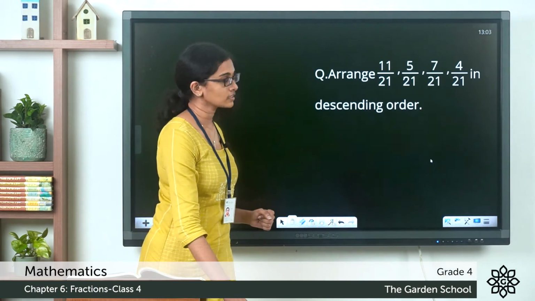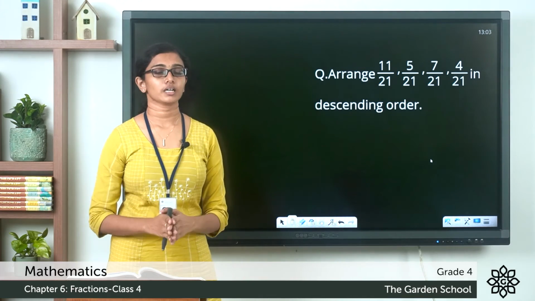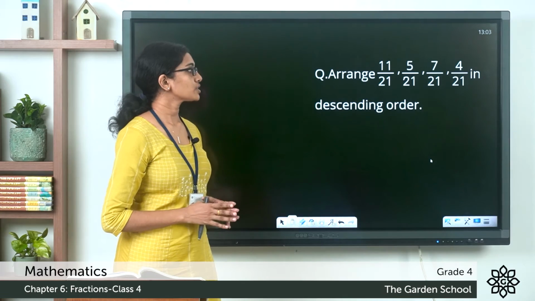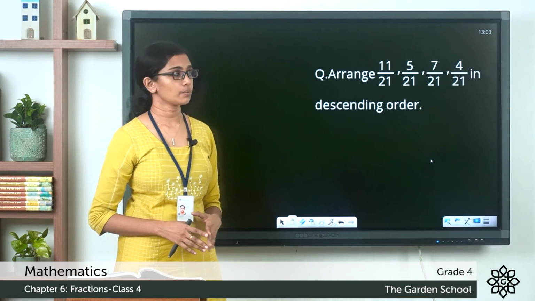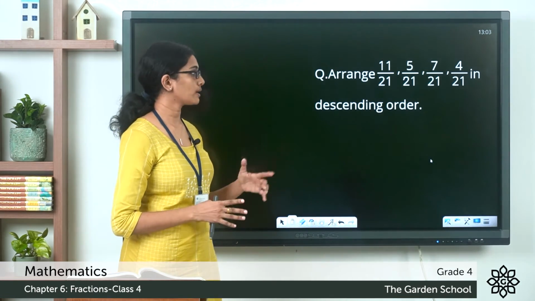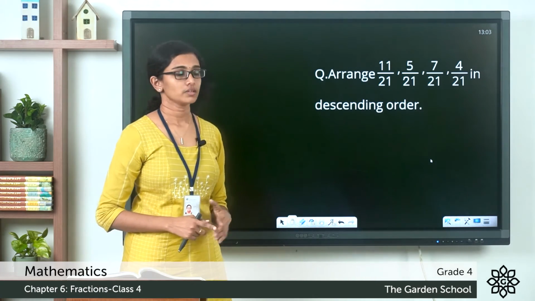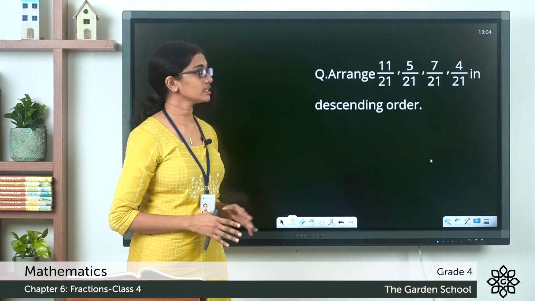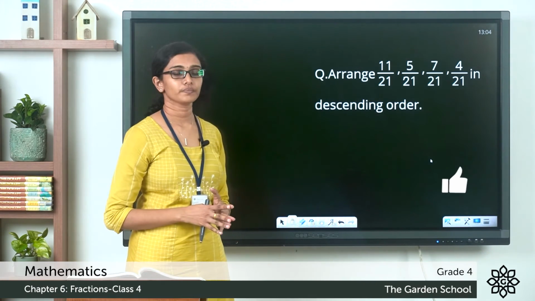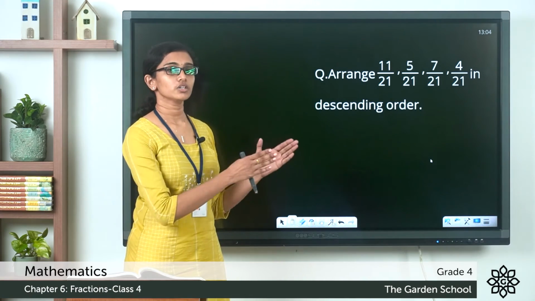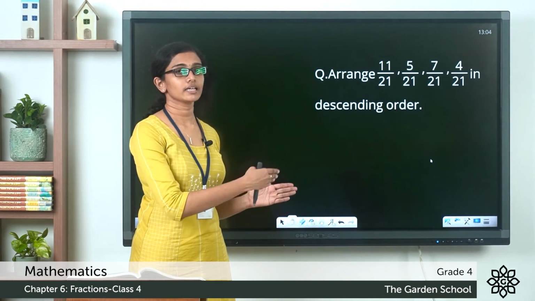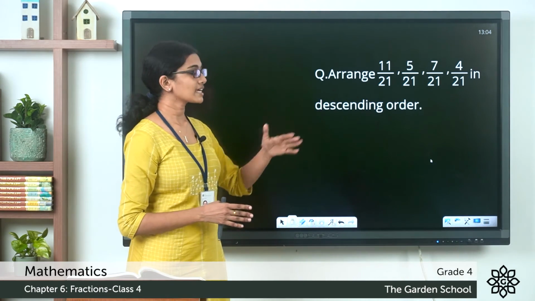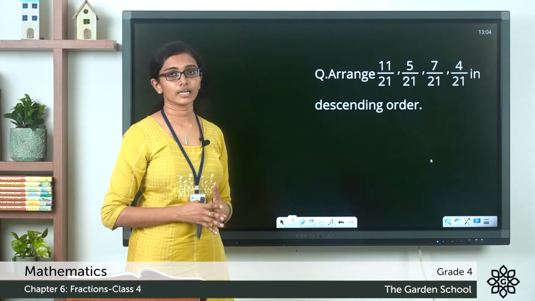Clear? Now let's see how we can compare and arrange fractions in descending order. So arrange 11 by 21, 5 by 21, 7 by 21 and 4 by 21 in descending order. So we have the set of like fractions here and let's compare the numerators 11, 5, 7 and 4. When you are writing in descending order, you write the biggest number first and then you proceed to the smallest one. So it is like big to small. So which is the biggest numerator in this case?